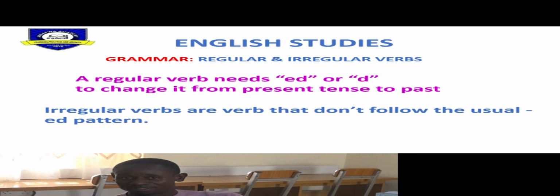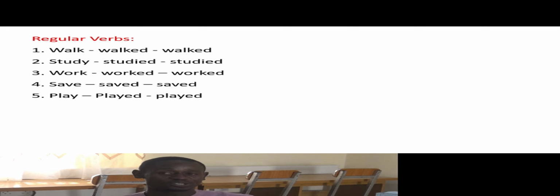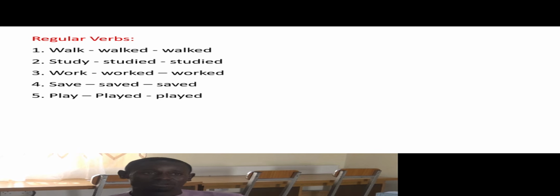The regular verbs. We have work for the present tense, which is also the base form of that verb. Now, if used to express a past event or an event that has already occurred, we add ed to work, and that changes it from work to worked.